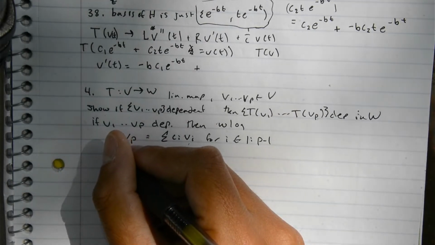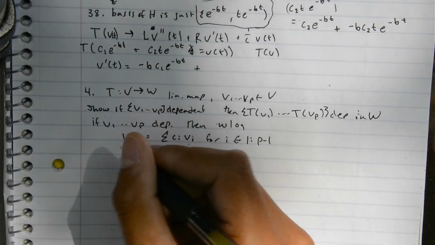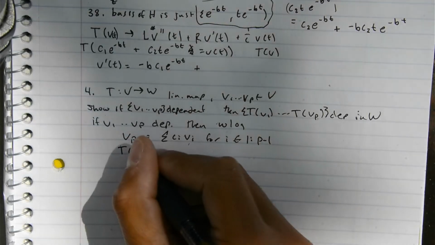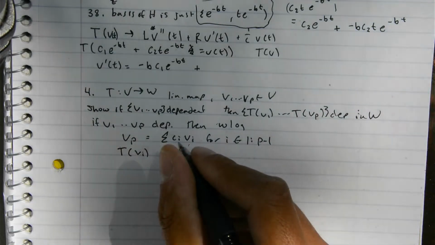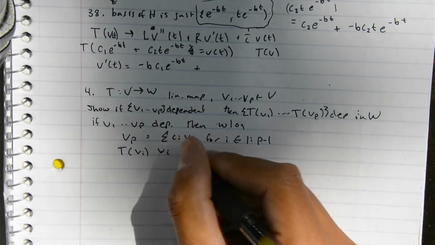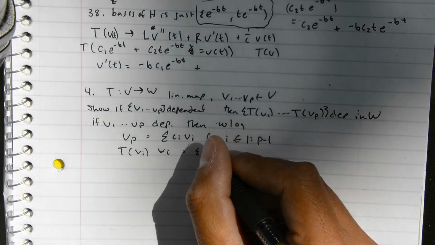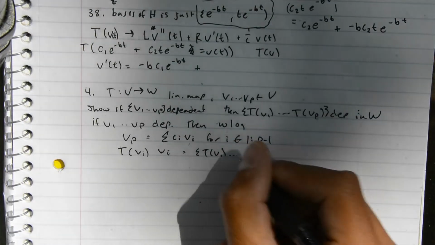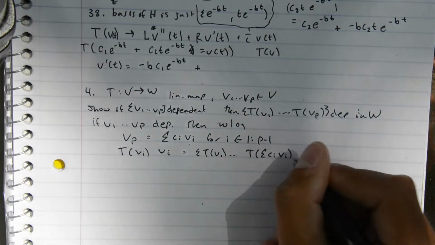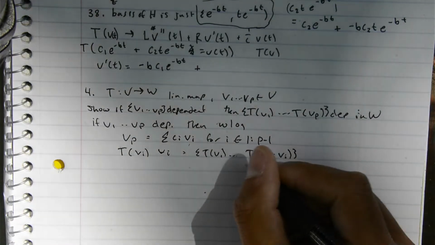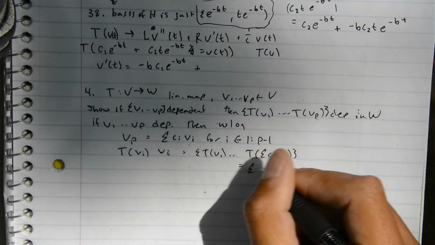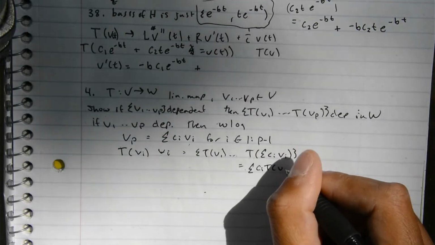So then if we take T of VI, then we can replace, for all I, the set T V1, and then we're going to get here T of the sum of CI VI. But this is going to be equal to the sum of CI times T VI.